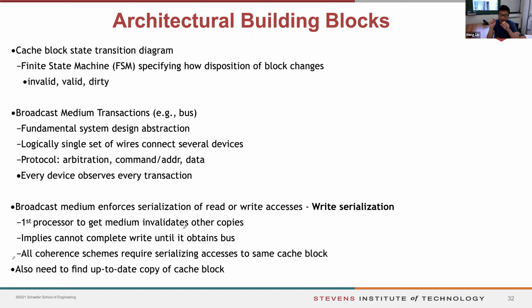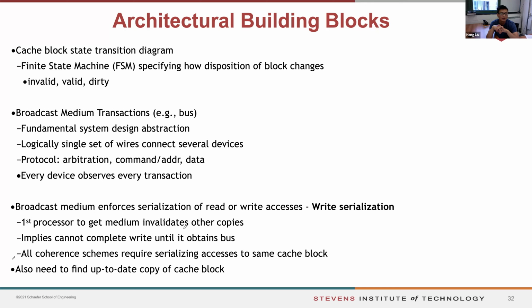You first arbitrate to decide who's going to get the bus, and then you send a command, with the address and data you want to pass. Every device, including processor 1, processor 2, processor 3, and probably the memory, observes every transaction on the broadcast media.